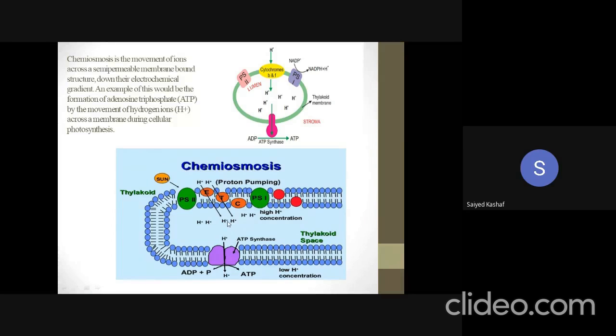So this H+ ion moves through the coupling factor, which has the ATP synthase enzyme, and in the presence of ATP synthase enzyme, ADP plus inorganic phosphate and 1H+ forms an ATP molecule, right? As the concentration increases, these H+ ions diffuse from higher concentration to lower concentration, and as a result we will get our desired product, that is ATP, which is an energy rich component, right?